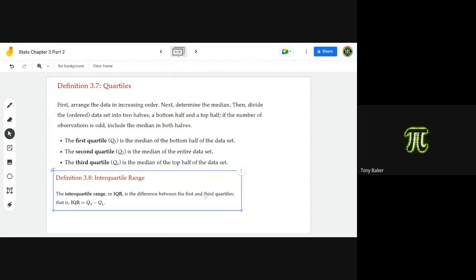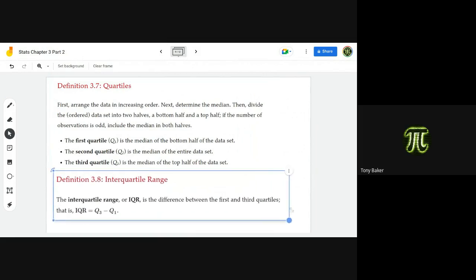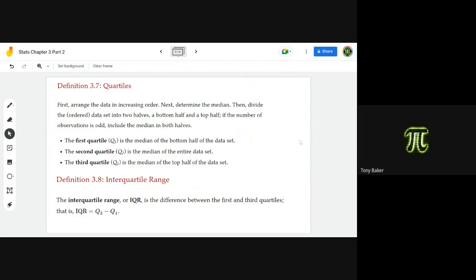So we have a way to look at the exact specific percentile and stuff like that. But a lot of times we just want to know about what range we're in. We don't need to know the exact percentage of where we are. We want to know a range. And that's where quartiles come in.